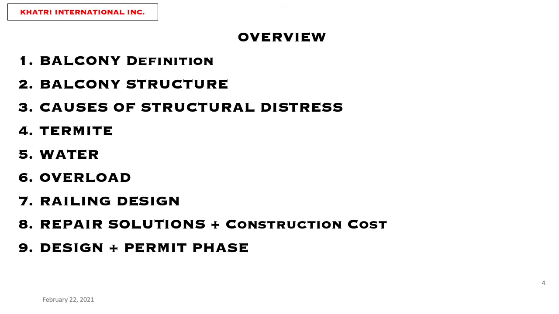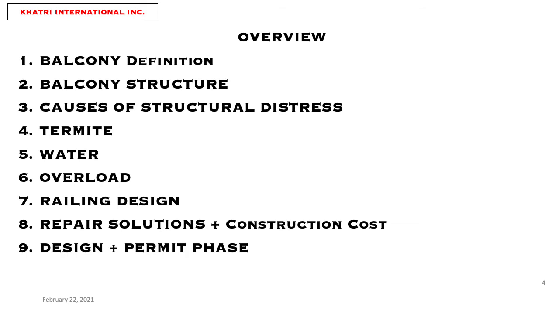The overview of this class is we want to, number one, understand what a balcony is. We want to understand how its structure works together. And then I want to explain what the causes of structural distress are. They can be summarized into items 4, 5, and 6, which are termite damage, water damage, and structural overload.